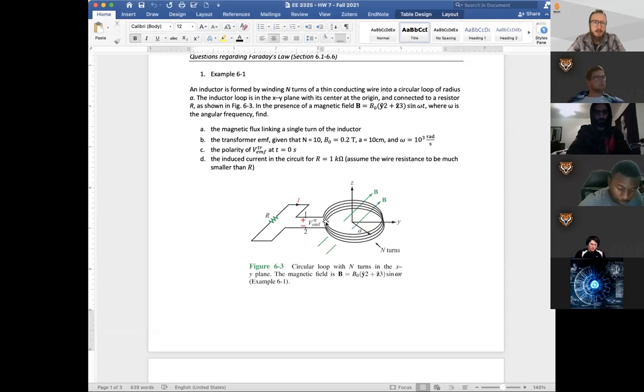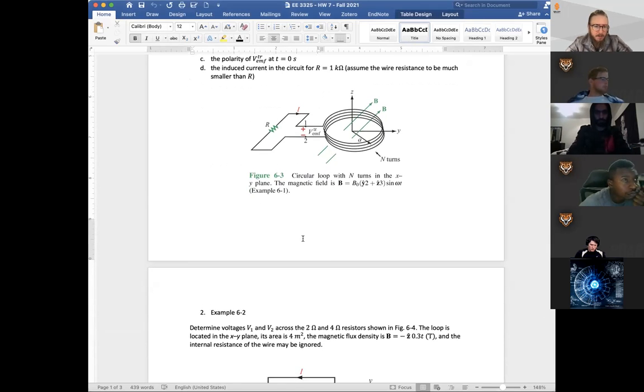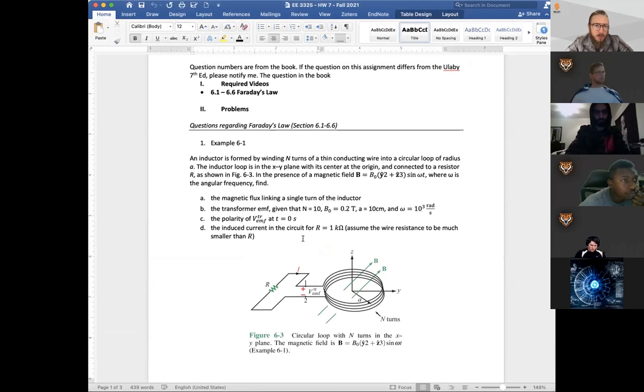Also, homework 7 is available on the Moodle page, and you should all be able to see it. There are several problems. We're going to work through the examples in the book. Okay, so if you have the textbook, we're going to work through these examples. In some cases, I'll show you a slightly different approach to the textbook.